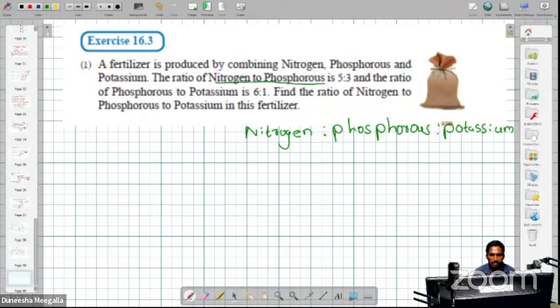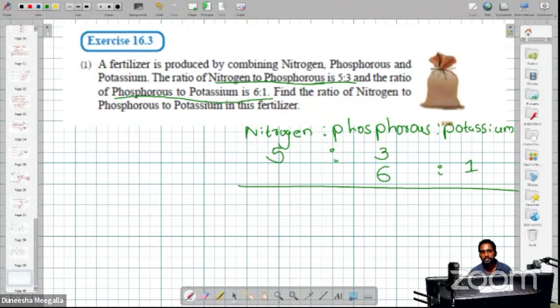Nitrogen to phosphorus, phosphorus to potassium, 6 to 1. 5 to 3 and 6 to 1. Can you find? What is the least common multiple for the 3 and 6?